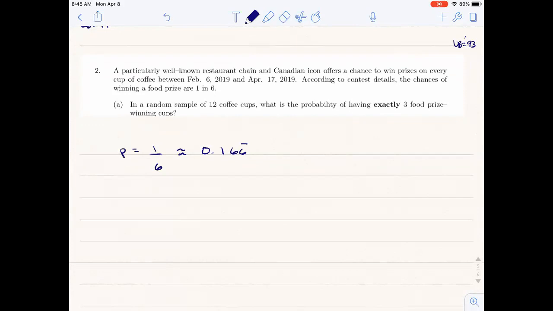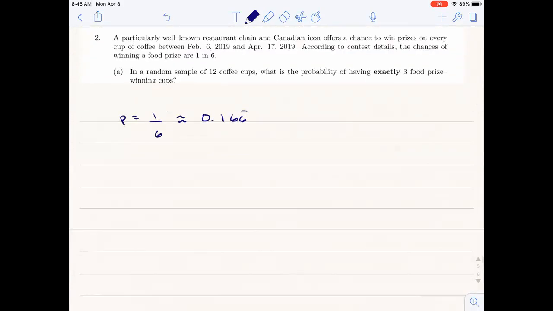You can keep that, but you must keep all decimal places. So whether that means you're storing it in your calculator or working with a fraction, the exact value, it's up to you. So the probability of a success is 0.166 repeating, or 1 in 6.